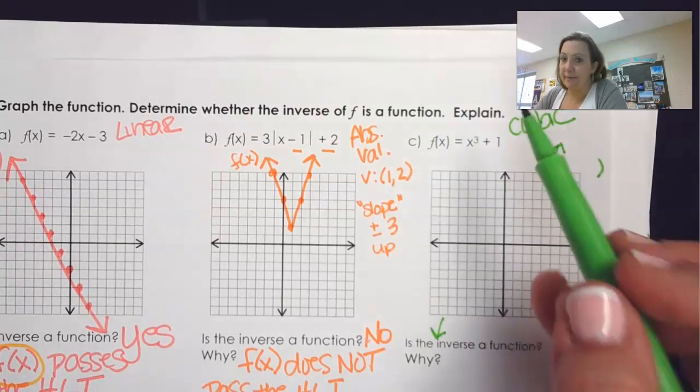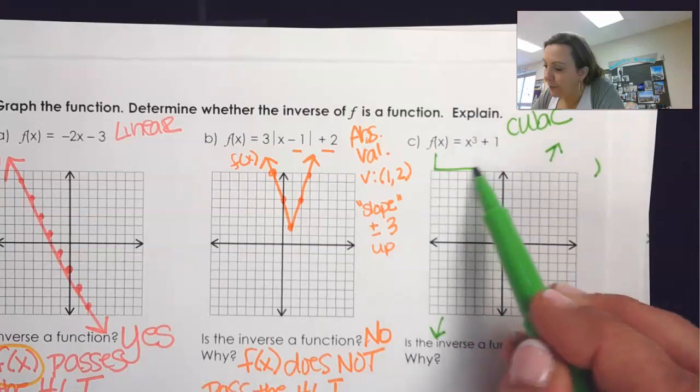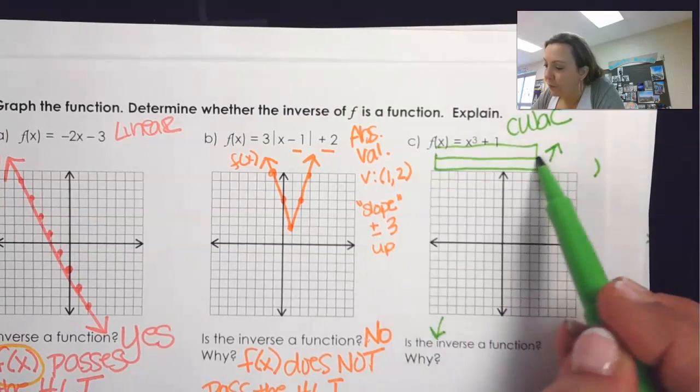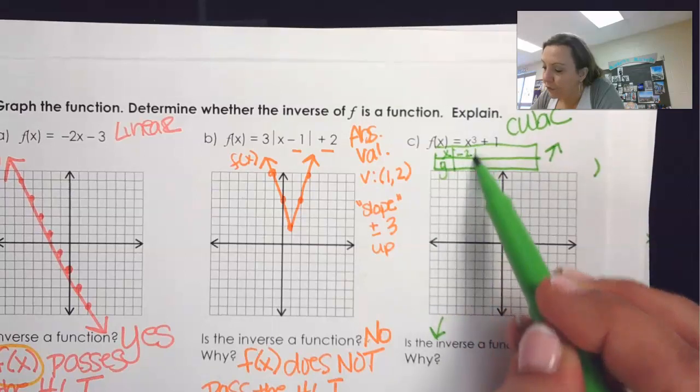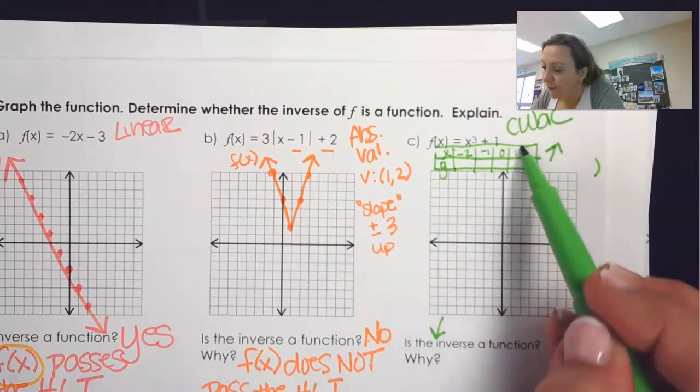So maybe I could just think about a little table to help. Again, when in doubt, we can always do a little table and use values like -2, -1, 0, 1, and 2.